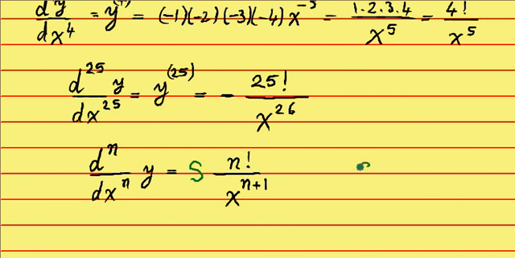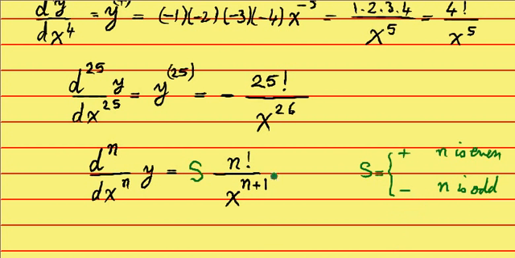What is S? S is going to be a positive sign if n is even. S is going to be a negative sign if n is odd. If the number of differentiations is even, you put a plus. If the number is odd, you're going to put minus.